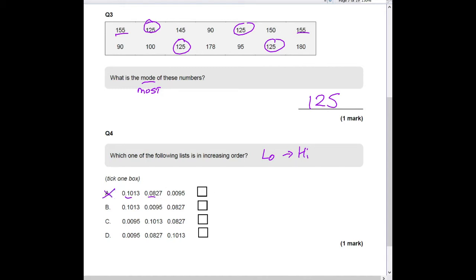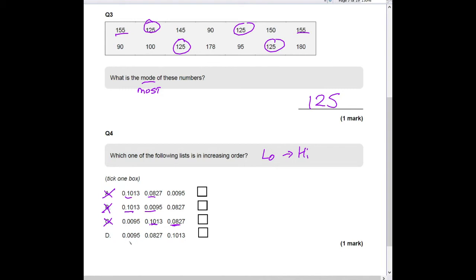So it can't be A. 0.1013 and 0.0095, again, this is bigger than this, and we need to go from low to high, so it can't be B. For C, 0.0095, well, that is smaller than this, so that's correct. But then this number here, 0.1013, is bigger than this number, so that is not in the correct order.